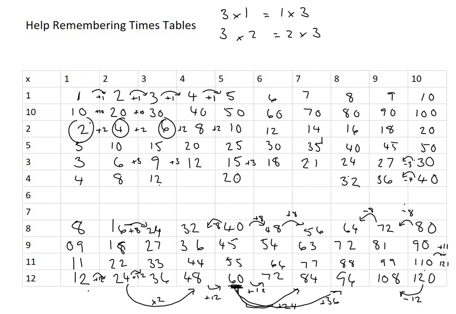So you can see the little tricks I'm using to work out the ones I don't know. I only really need to know the 1 times table, 10 times table, 2 times table, 5 times table. And then if you can learn a few more, or even just odd ones, like if you knew the 3 times table up to 6, then you could work out these.